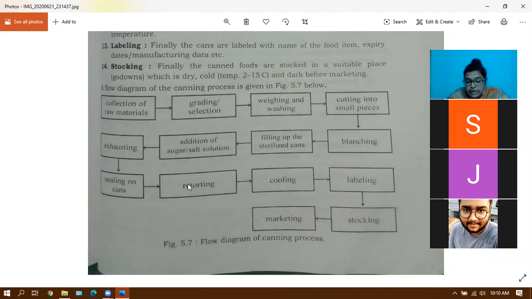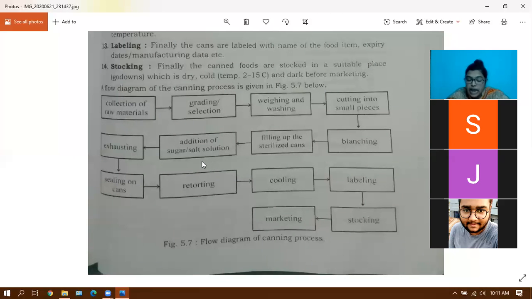Retorting. Retorting means after sealing the cans, the can is again heated. It is called retorting. Here is also some condition.